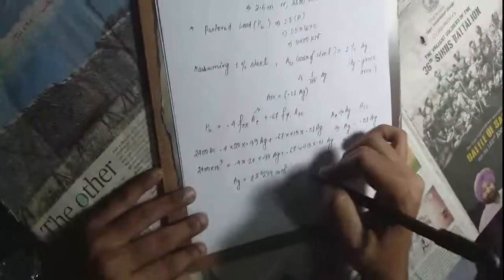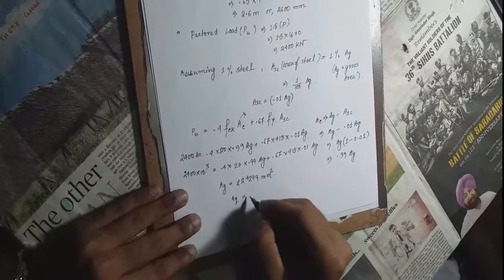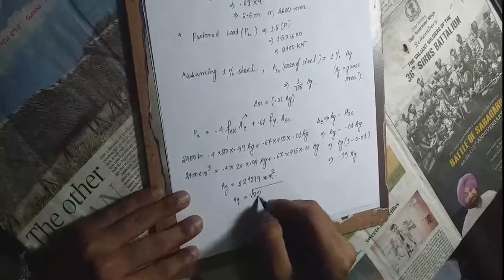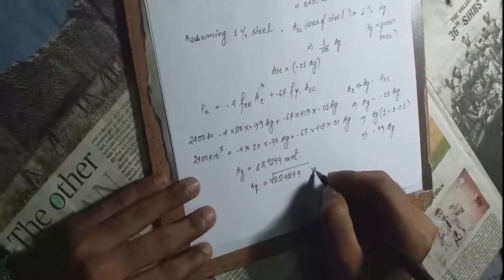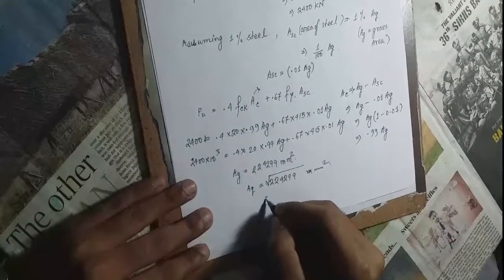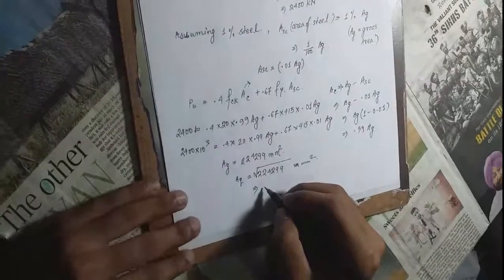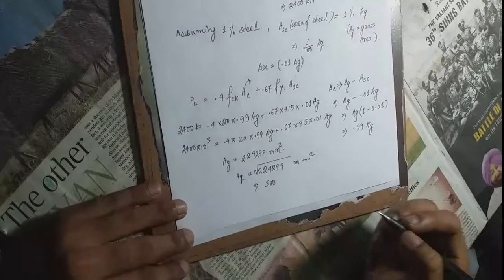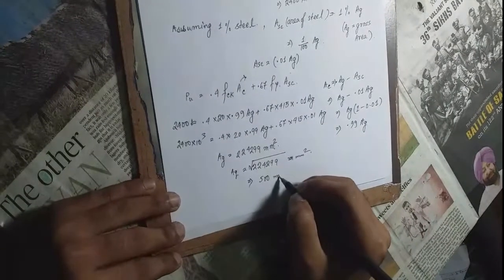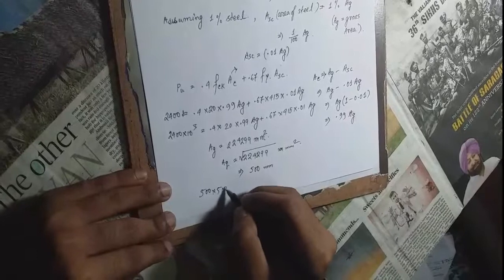So from this you can get the dimension by taking the root of this value. I am giving the closest value, it will come to around 500. So we can assume that the dimension of the column is 500 into 500 mm.